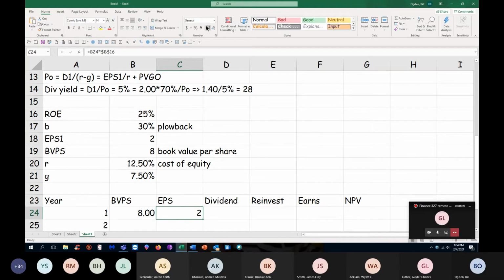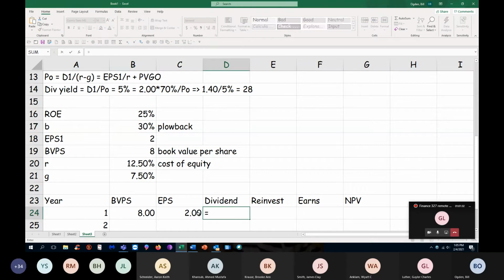Okay, the dividend. They will be paying out 70% of earnings. And we know that because 30% is plowed back. Earnings have but 2 homes, so what isn't plowed back is paid out. So let's try it.